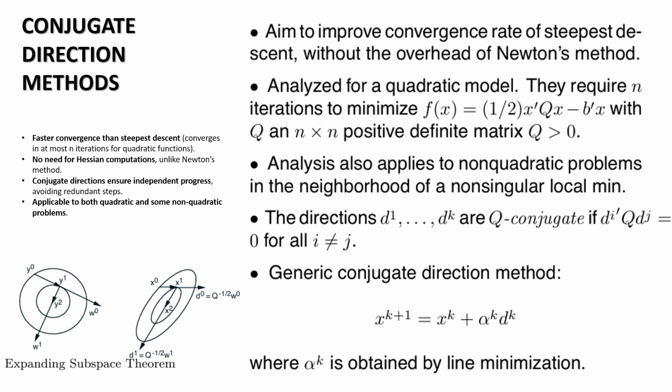And here we are representing a quadratic function f of x, in which x is the vector of variables to be optimized. Q is an n by n positive definite matrix ensuring a unique minimum, and b is an n-dimensional vector, transposed here.